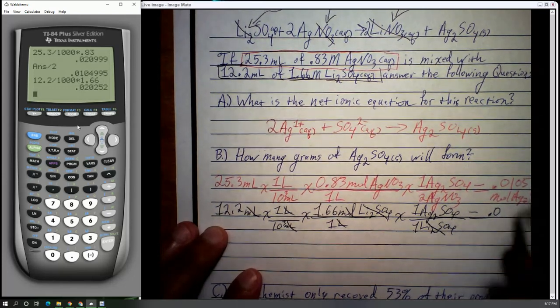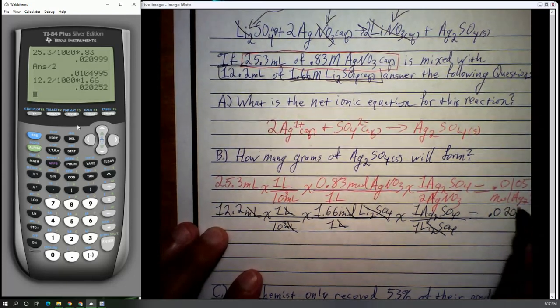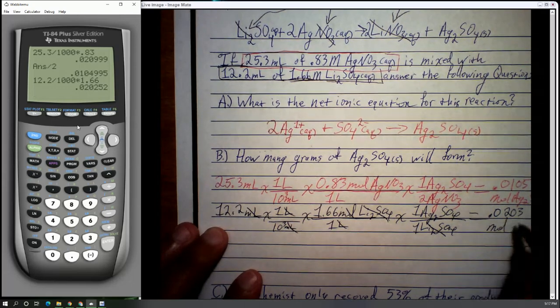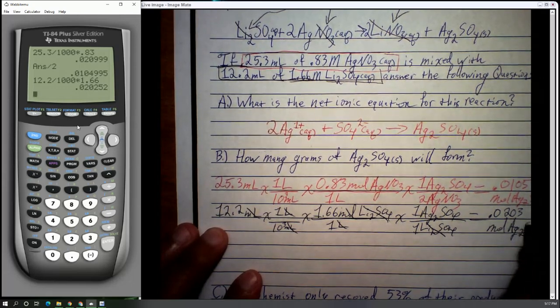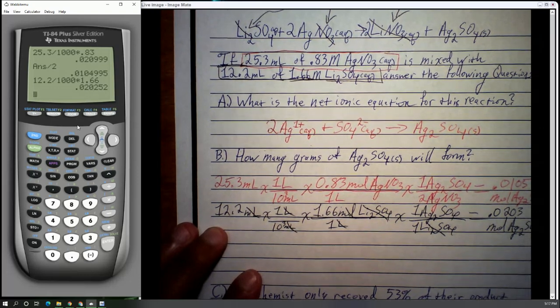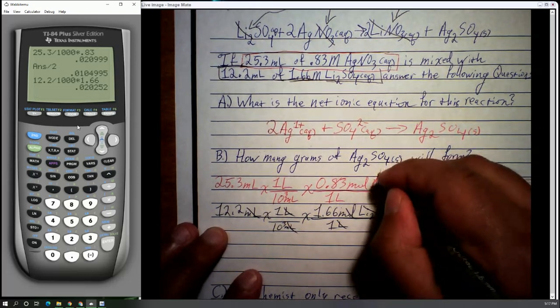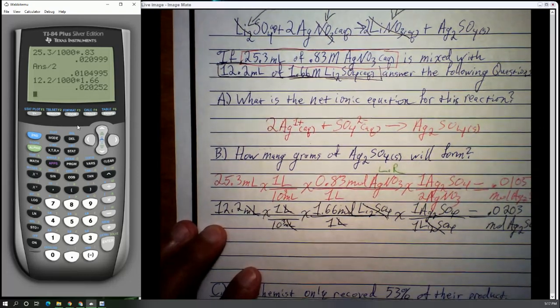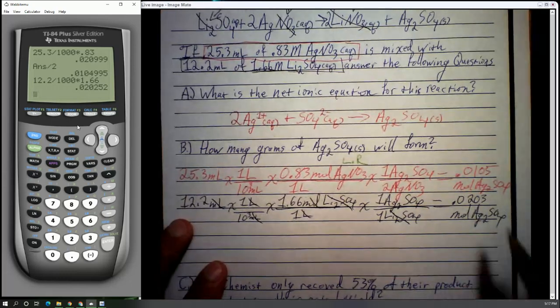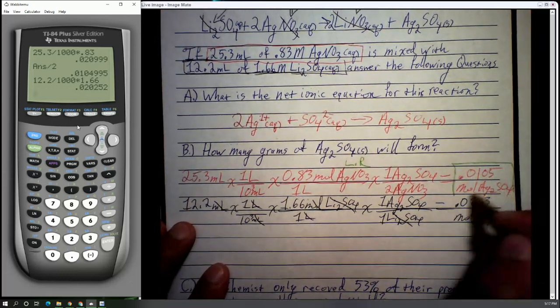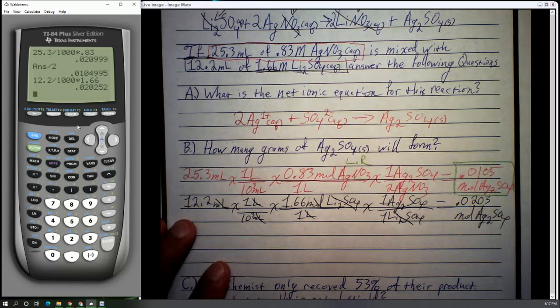So 0.0203 moles of silver sulfate. So the silver nitrate is our limiting reactant. That's what we're going to work with.